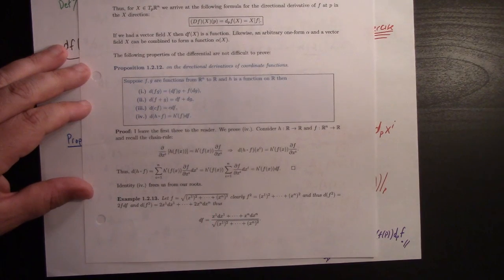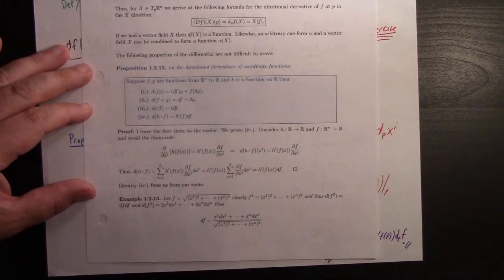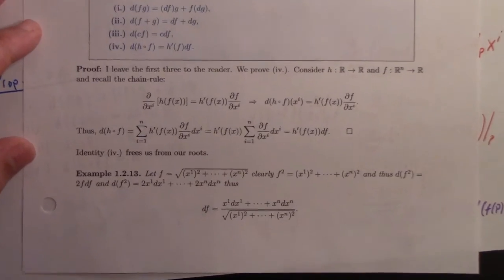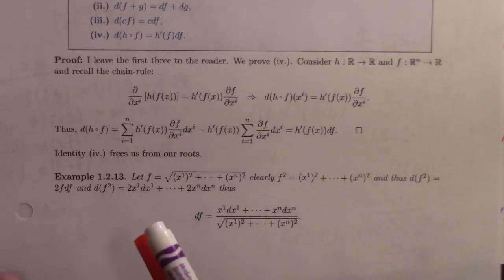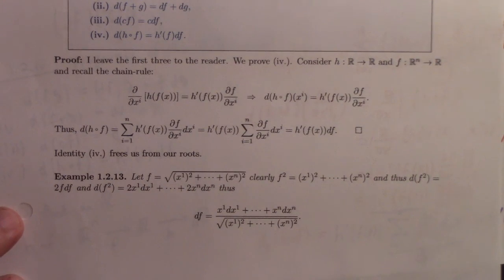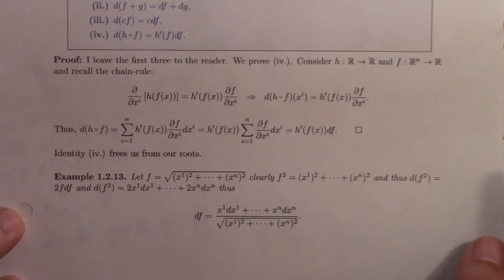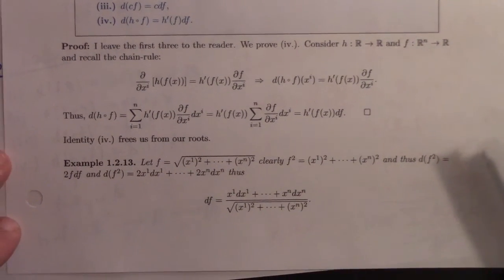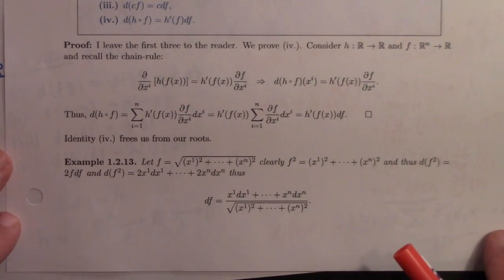So I can make quick work of this problem without ever differentiating a square root by simply taking advantage of this chain rule. It's a very important but seldom used technique by Calculus 3 students.